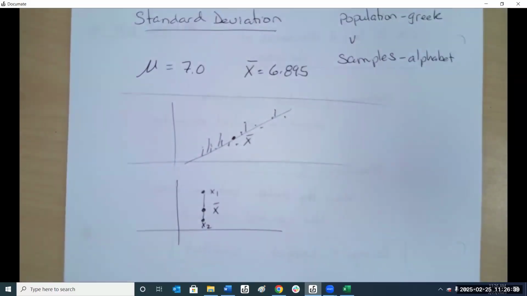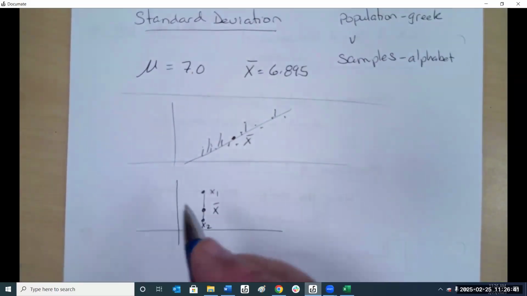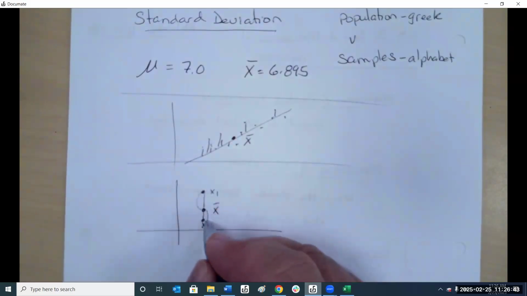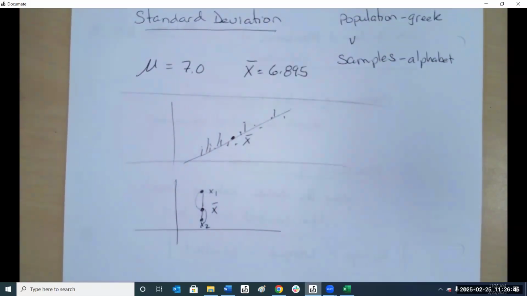But if you notice, it's on the bottom. So this one's positive, this one's negative. Which one's further away? The top one or the bottom one? The top one looks like it's a bit further away. And the more data values we have, hopefully that's going to even out.